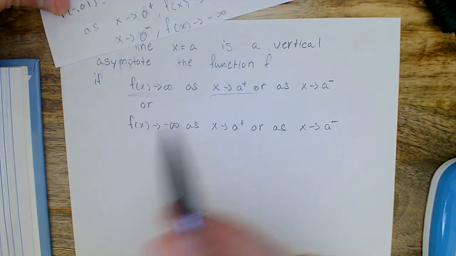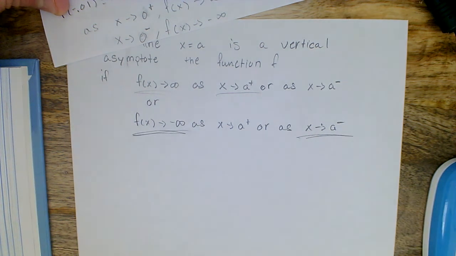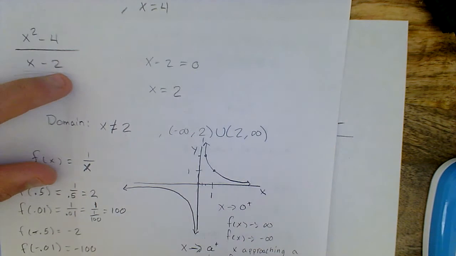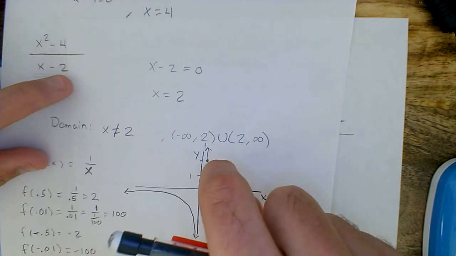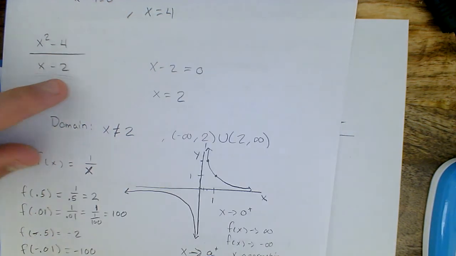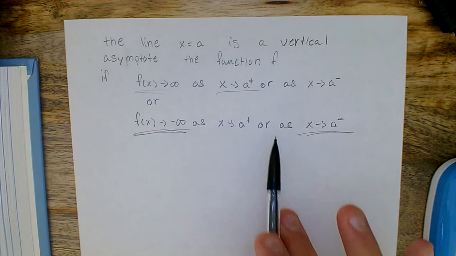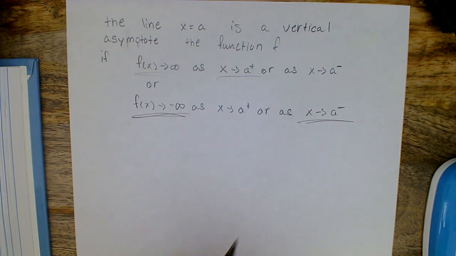As x went to 0 from the left, we got f of x going to negative infinity. But again, it can happen that if you just put a negative out front, this graph would flip. This side would come down here, and this side would flip up here. So you could have the opposite situation. That's why we have to include these two others. Okay, so that's what it takes to be a vertical asymptote.